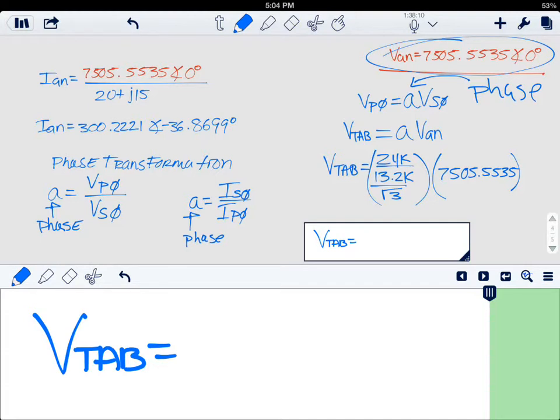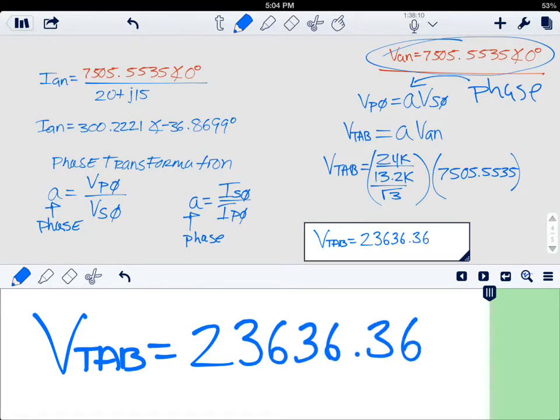Later on, you're going to see that there's another type of transformation that is called line transformation. But there, the line phase is not the same.